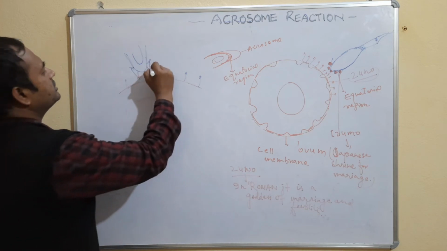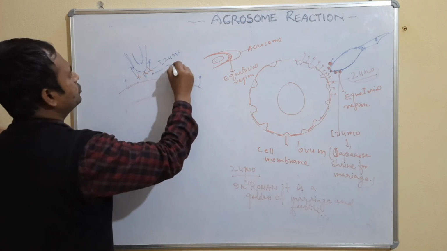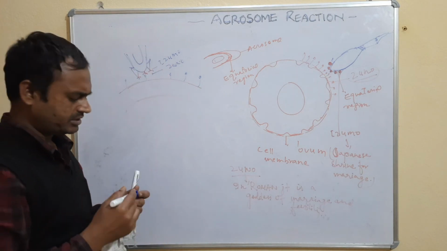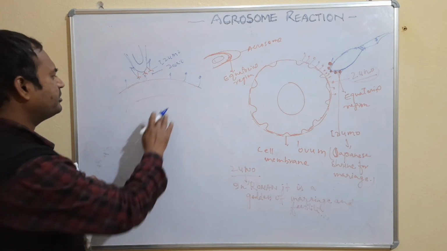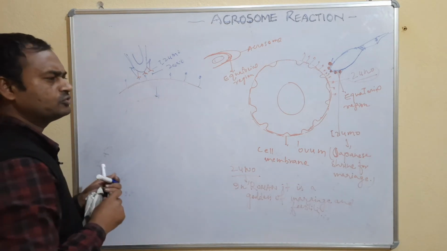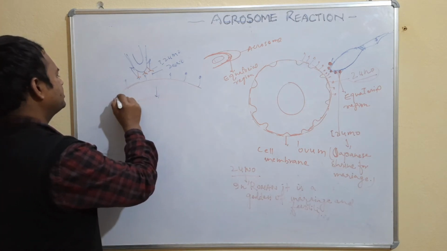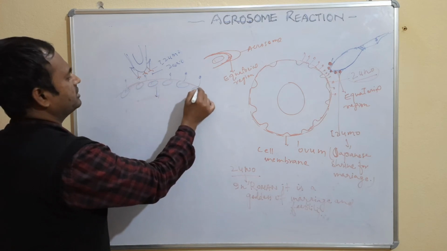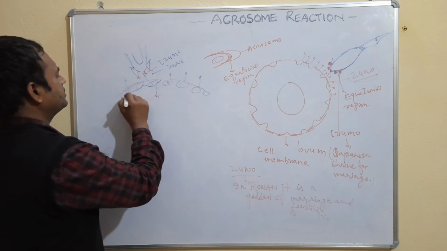Okay, so this is Izumo and this one is Juno. They interact with each other, and what happens? The membrane of this region will fuse with each other, and remember here there is a packet of cortical granules.